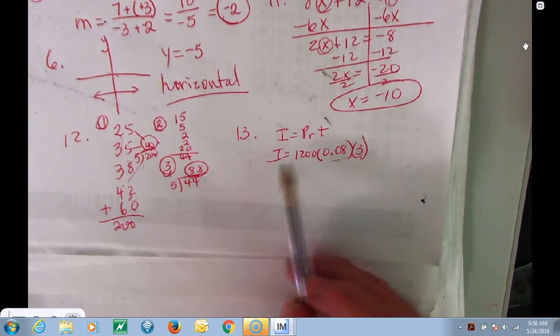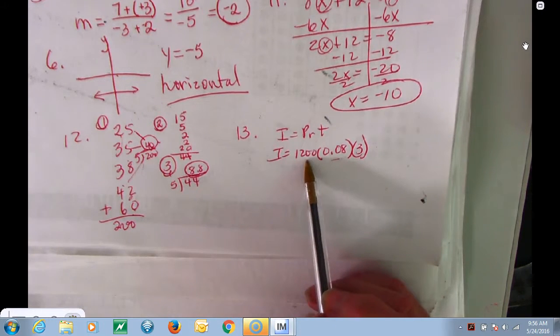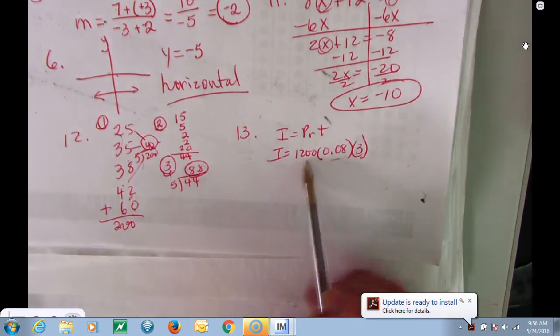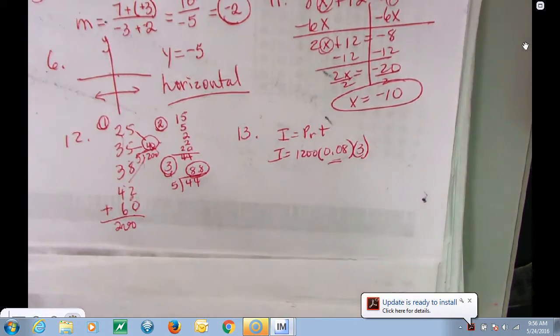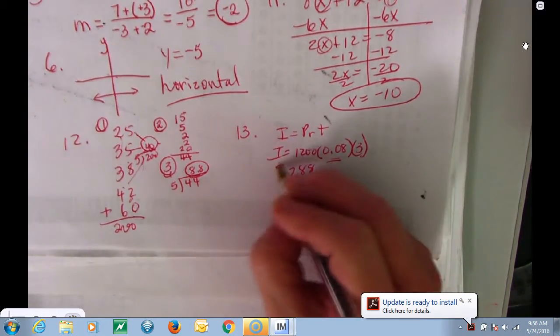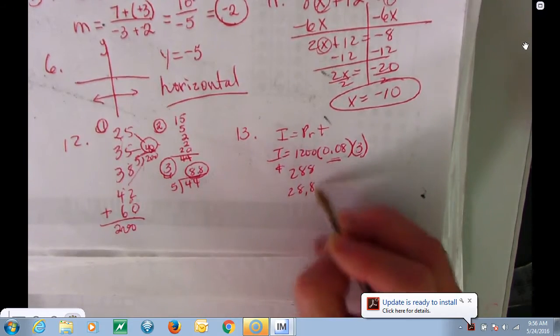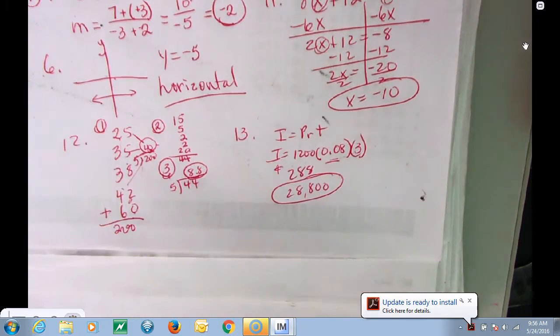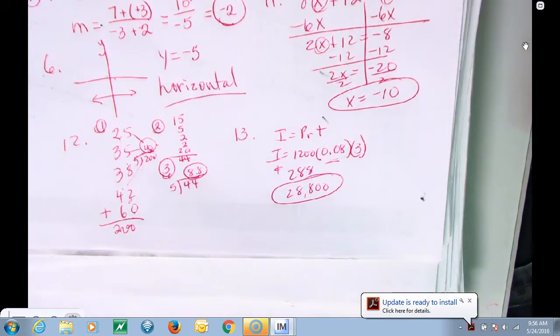Guys, on getting simple interest, some of y'all said you could get simple interest, and then you missed this problem. You got to change 8% to 0.08. You get 288. Do you know what some of y'all got? $28,800. You put $1,200 in a savings account, and they're going to pay you $28,000 interest?